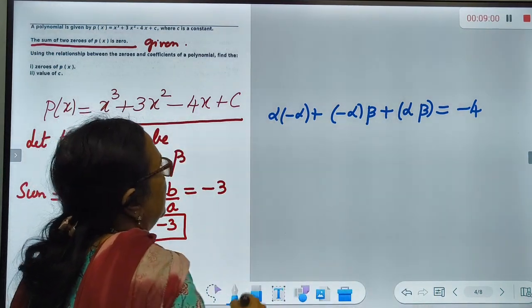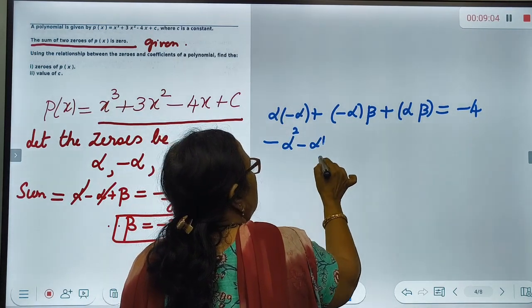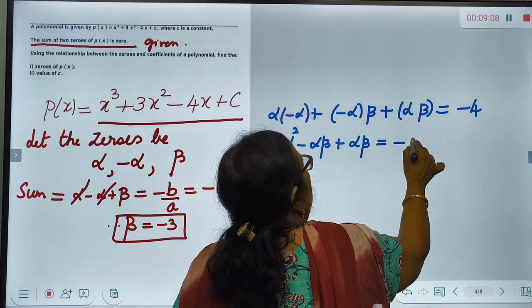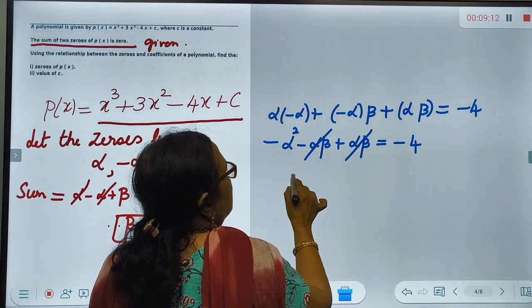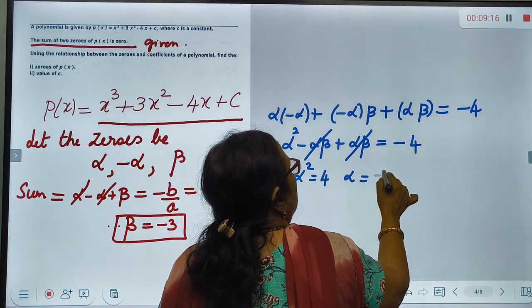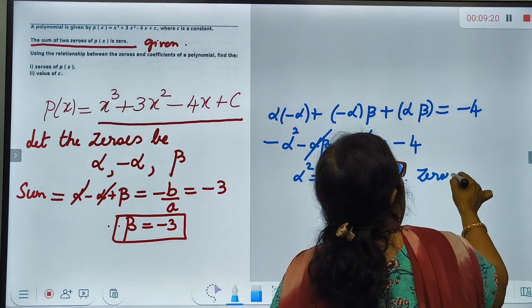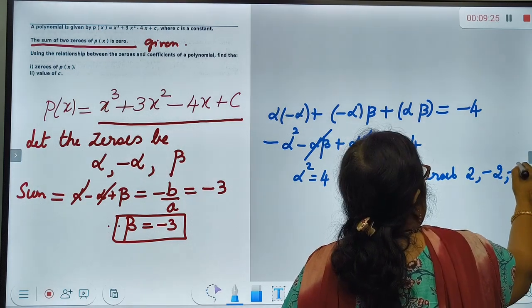So this is minus alpha square minus alpha beta plus alpha beta equal to minus 4. Minus alpha beta plus alpha beta gets cancelled, giving you alpha square equal to 4, alpha equal to plus or minus 2. So the zeros are 2, minus 2 and minus 3.